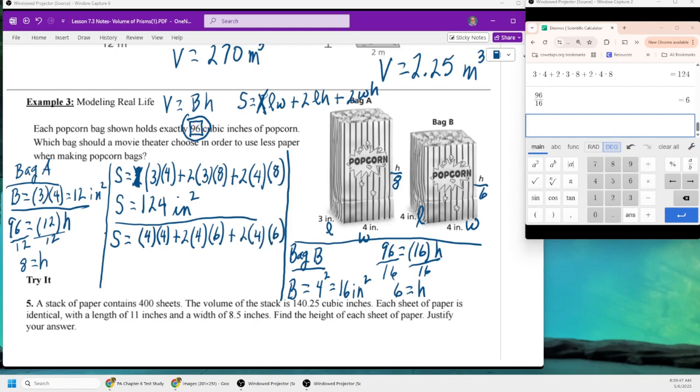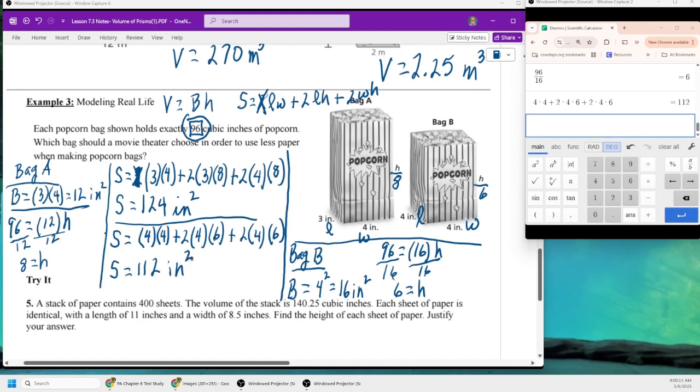So that's going to be 4 times 4 plus 2 times 4 times 6 plus 2 times 4 times 6 again. And so that is 112 square inches.